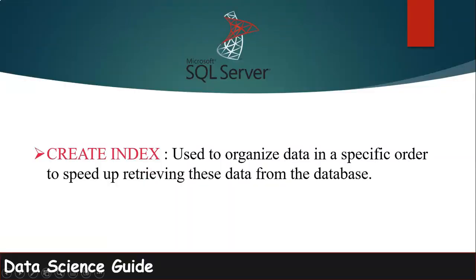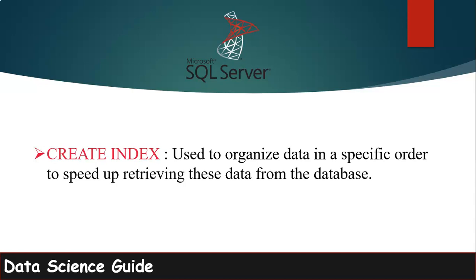And the index constraint is used to organize data in a specific order to speed up retrieving this data from the database. So this constraint will organize the data in a specific way.